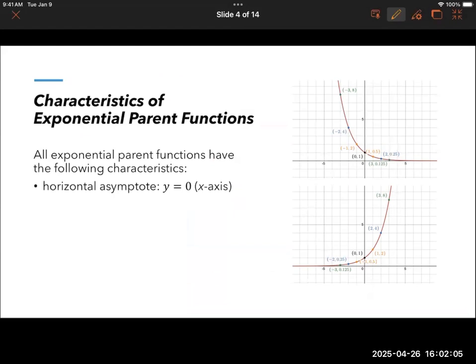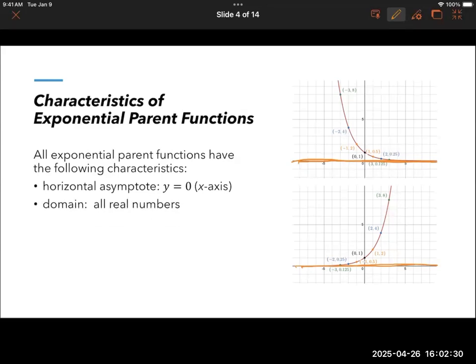And you can see that in both of these cases, our x-axis here and our x-axis here, both of those are kind of a boundary that our curve is getting closer and closer and closer to, but never actually crossing, because you can never actually get 0 as an answer if you take b to some power. Okay, so that is true regardless.